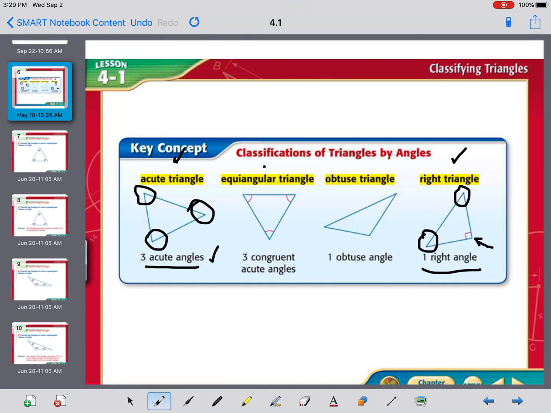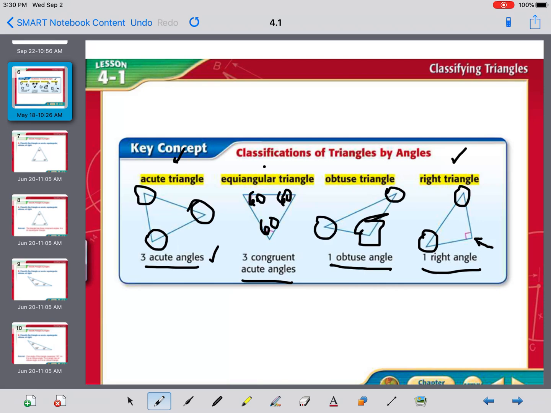Only when all three are less than 90 do we call it acute. Further then, we have the equiangular, which we've already discussed, means all angles are congruent, and therefore they're all acute. And to be honest with you, they're all 60, because we know they have to add up to 180, and if there's three congruent angles that add up to 180, then they're all 60.